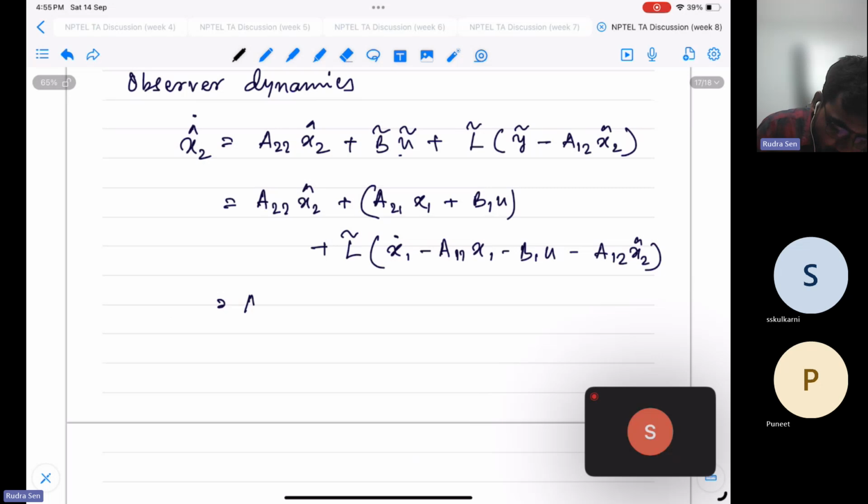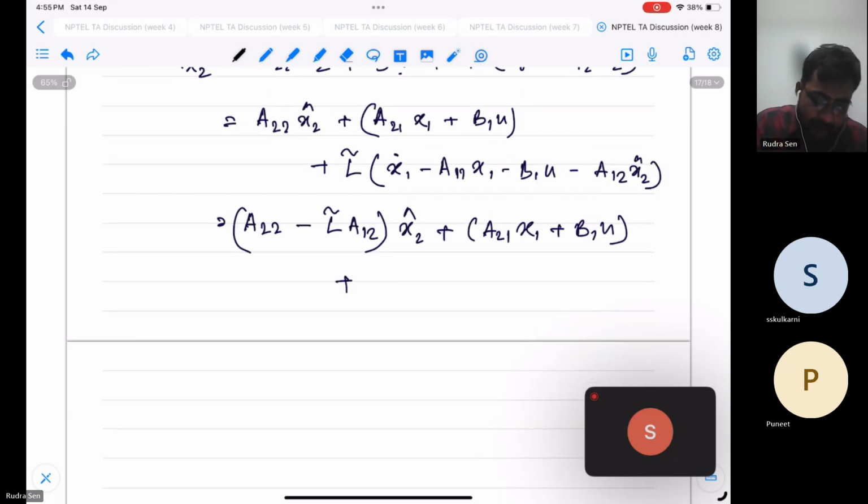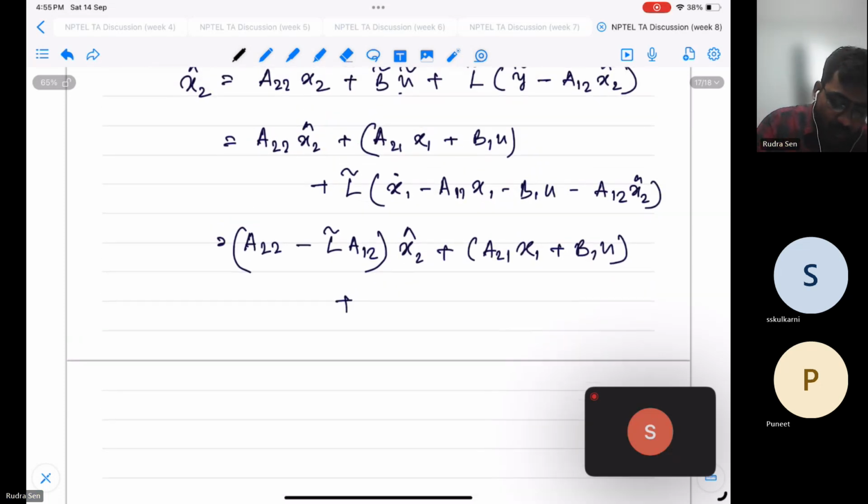So we get A22 minus L tilde A12 times x2 hat plus A21 x1 plus B2 u. What is this term?